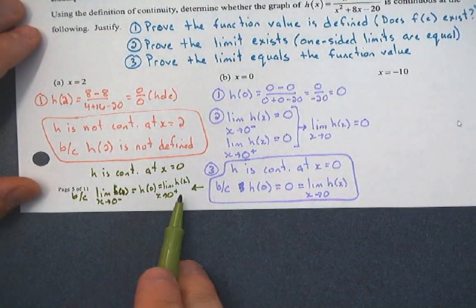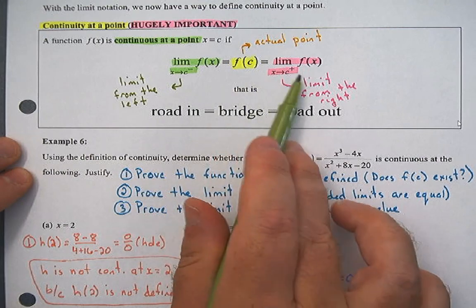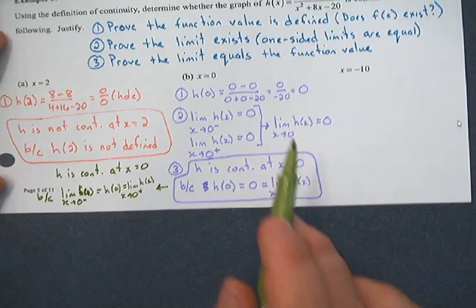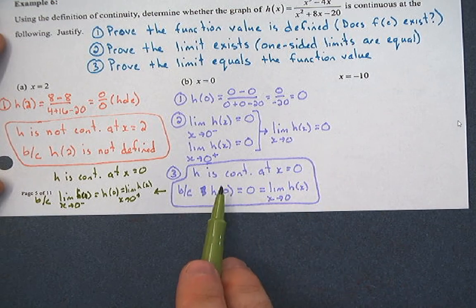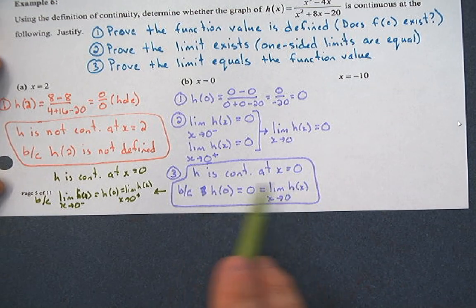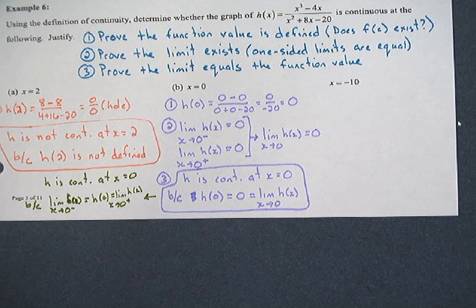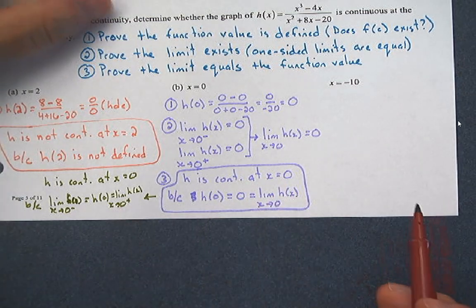So you can write it up this way too if you want to write it with the one-sided limits, just like Corpy wrote it right there. What I chose to do was I chose to show that the overall limit existed, and then I showed that the limit and the point are at the same height.